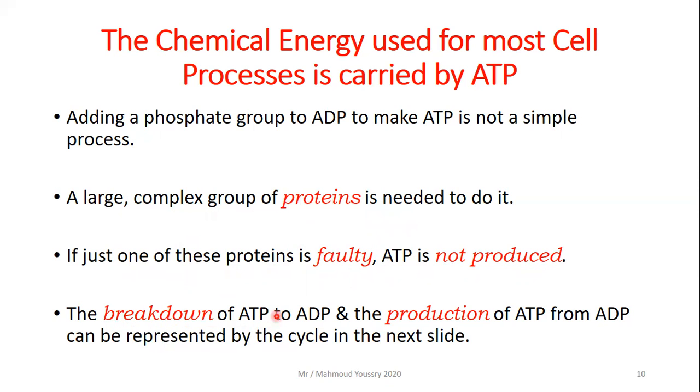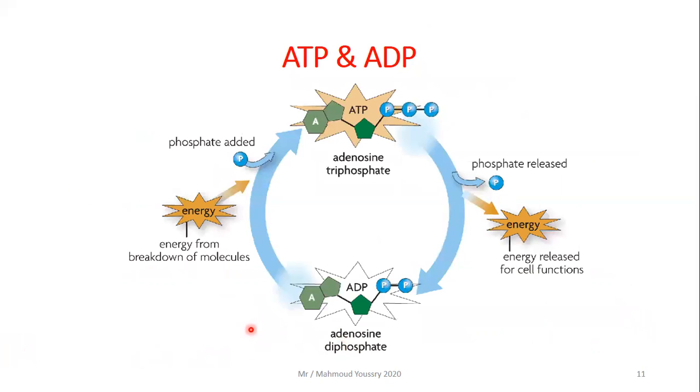The breakdown of ATP to ADP and the production of ATP from ADP can be represented by this cycle. As you can see here, on the top we have adenosine triphosphate. This is the energy-carrying molecule. When the phosphate group is released, we obtain the energy released for the cell's function.